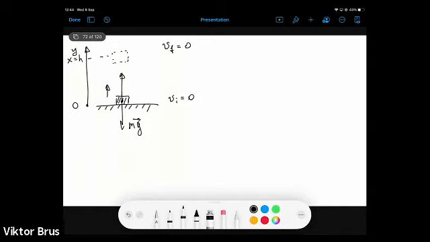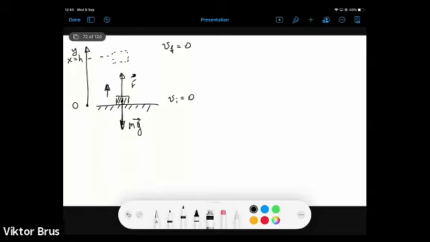So some external force did work against gravity, or we can call it in a different way, that gravity did some negative work because the displacement was in the opposite direction to the weight vector.